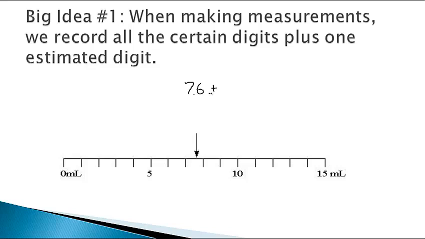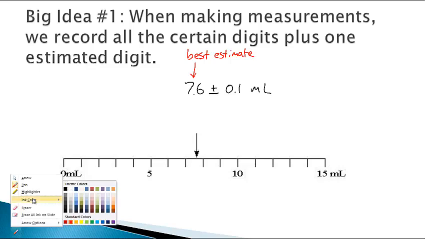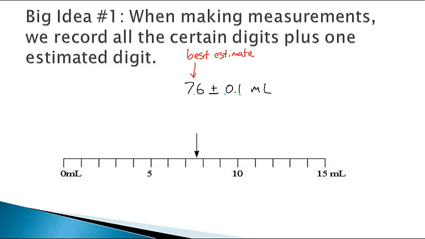All right, 7.6 plus or minus 0.1 would be the way I could record this with the uncertainty. So here is my best estimate, 7.6. And then this part of my number is called the uncertainty.